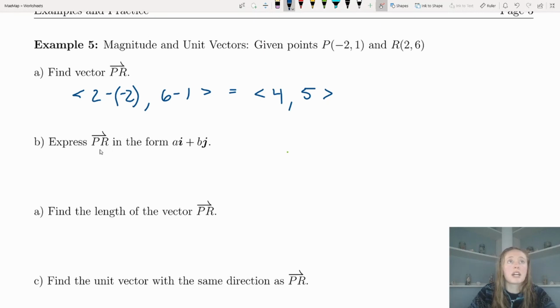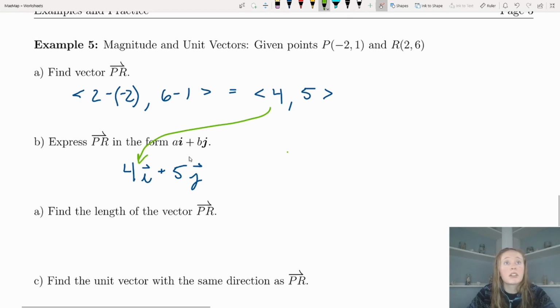Now we're going to express PR in the form from above. So A is going to be 4 times vector i plus B is going to be 5 times vector j. So again, I'm taking that x component and multiplying it by vector i and that y component and multiplying it by vector j.